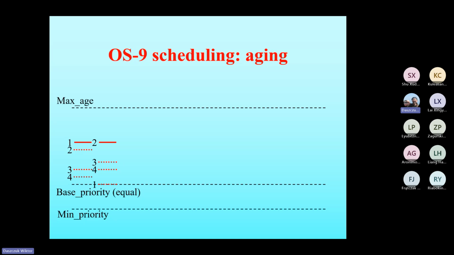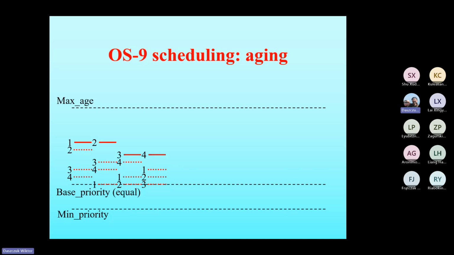Process number 2 gets the processor, it is suppressed to base, and all others are increased by 1. Number 3 gets the processor and is suppressed, all others are increased by 1, and so on and so on.